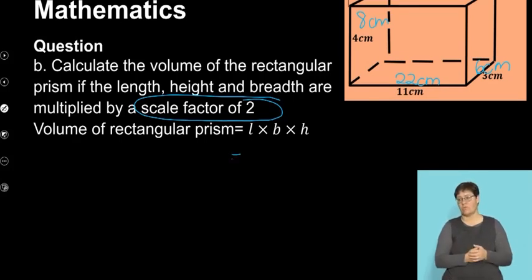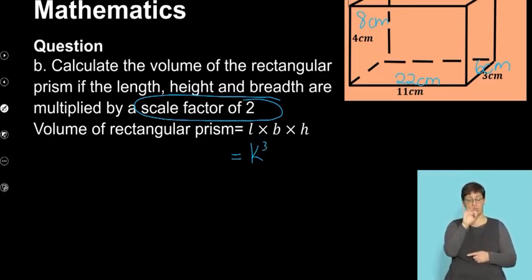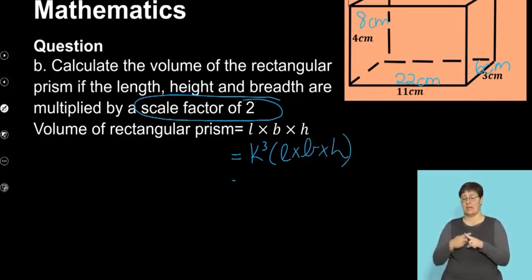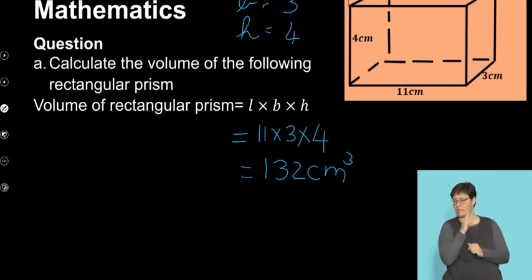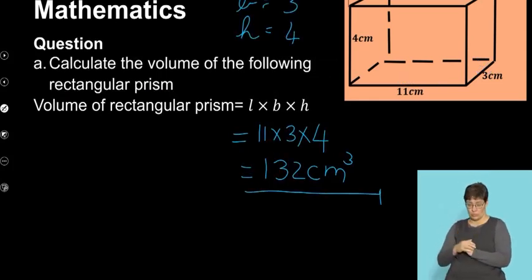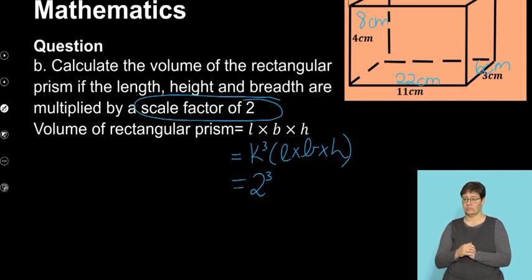or we can use the knowledge that the volume of a rectangular prism is k cubed, where k is my scale factor, times length times breadth times height. So my scale factor is 2, so I know it's 2 cubed times my original volume of my rectangular prism, which if I fetch from the other side, I can see is 132 centimeters cubed, so I'm going to carry that forward.